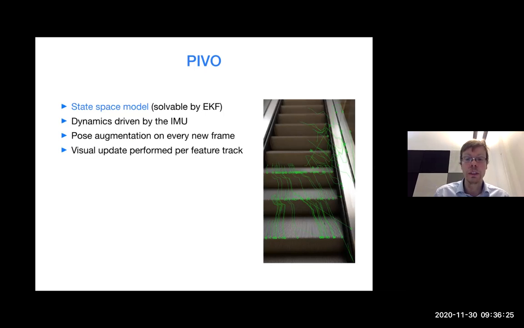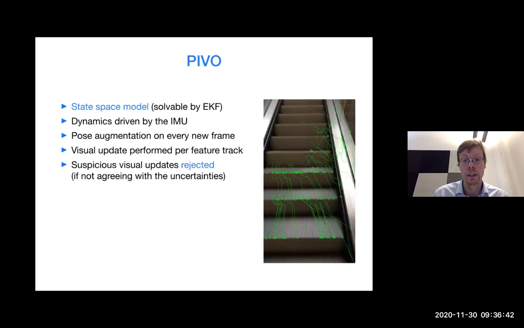And we use these visual feature tracks, so the measurements of the same points in the different video frames, as measurements in the extended Kalman filter model, and visual update is performed per each feature track. And we can reject suspicious visual updates.